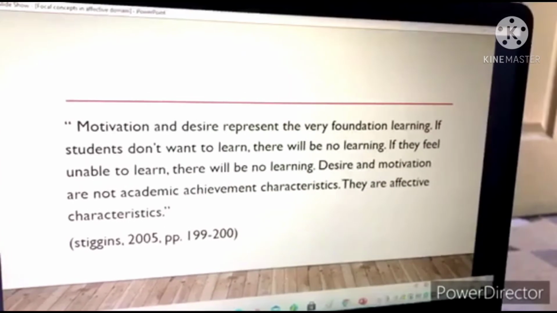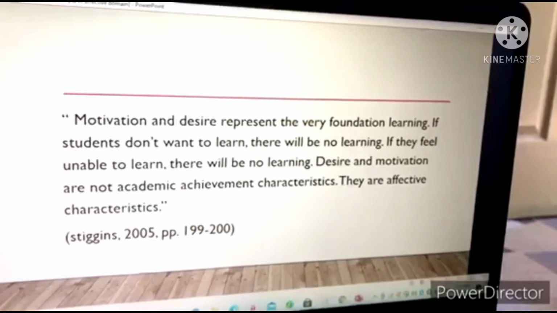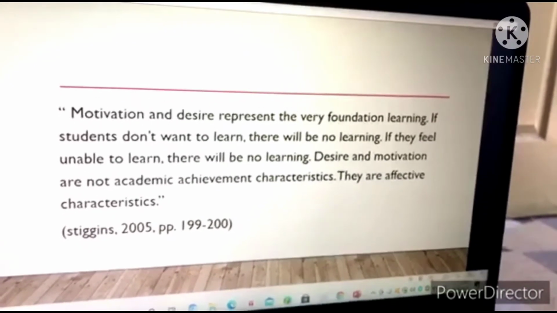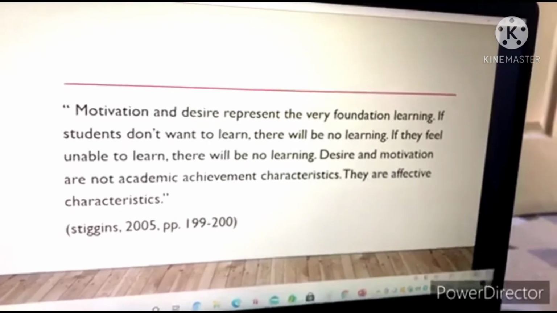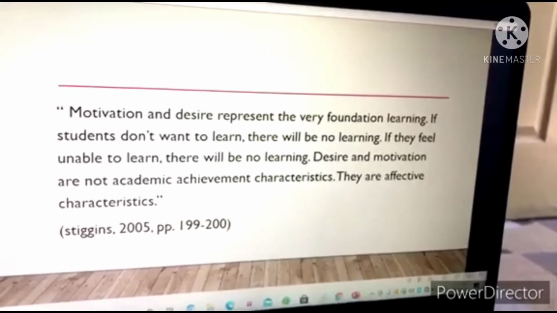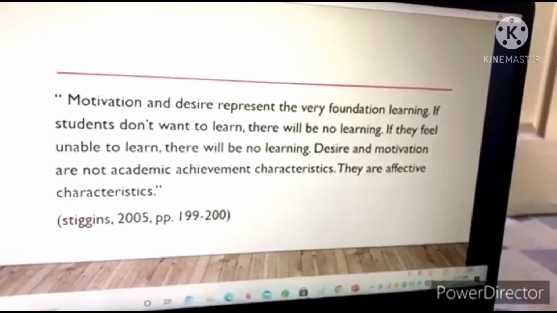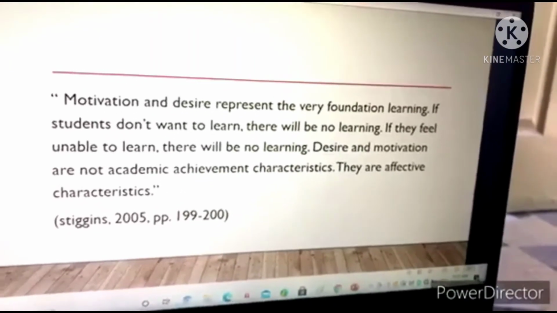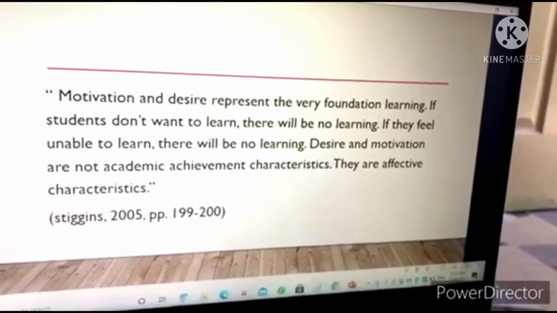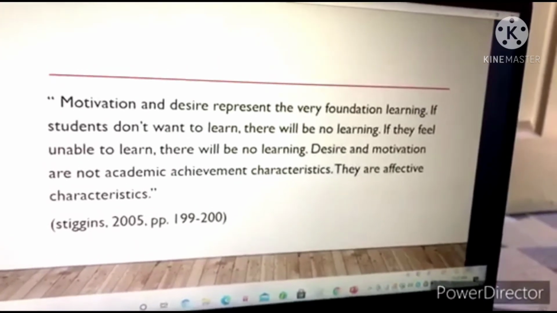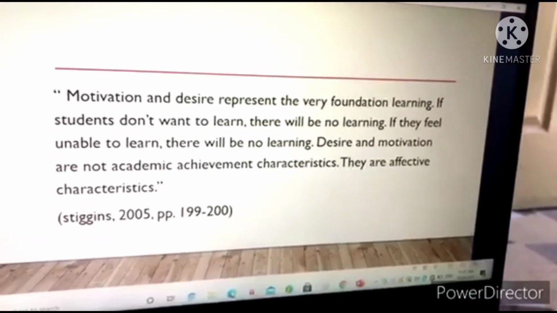Motivation and desire represent the very foundation of learning. If students don't want to learn, there will be no learning. If they feel unable to learn, there will be no learning. Desire and motivation are not academic achievement characteristics, they are affective characteristics.